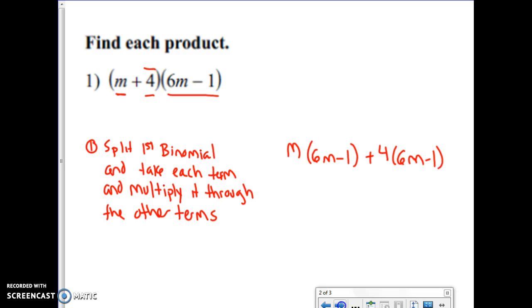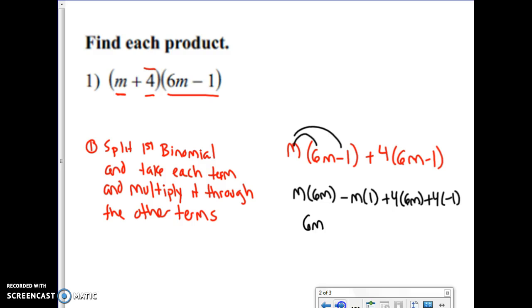So when I do that, I'm just going to distribute. I'm taking m times 6m, and then m times 1. I'm taking 4 times 6m, and then 4 times negative 1. So m times 6m is 6m squared, minus 1m, plus 24m, minus 4.